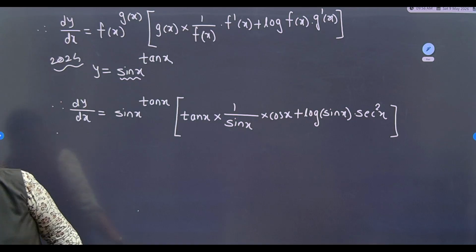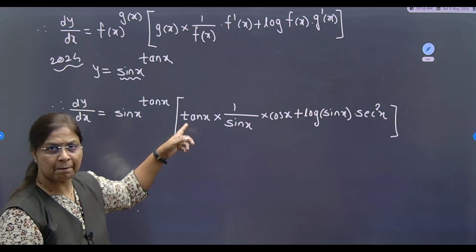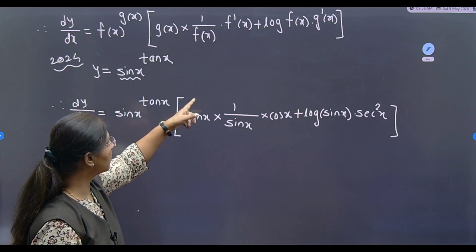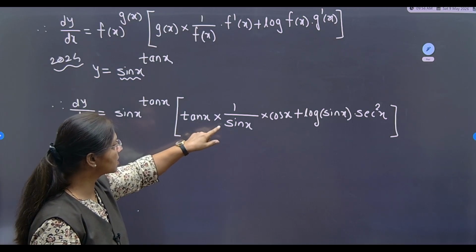And here the next adjustment: tan means sin by cos. Tan means sin by cos, into sin upon sin cancel, therefore here we get cos x.